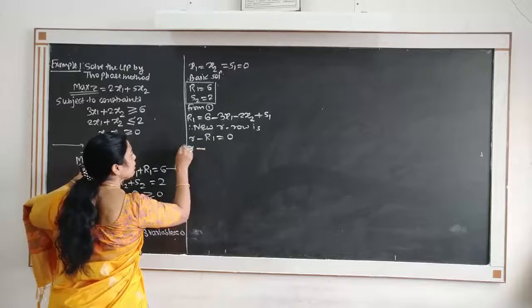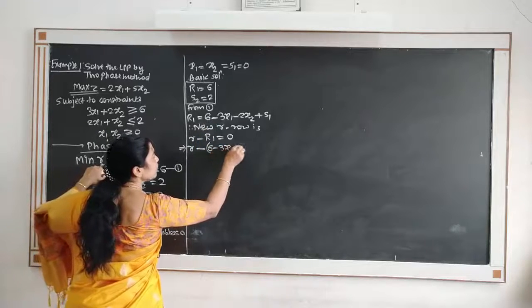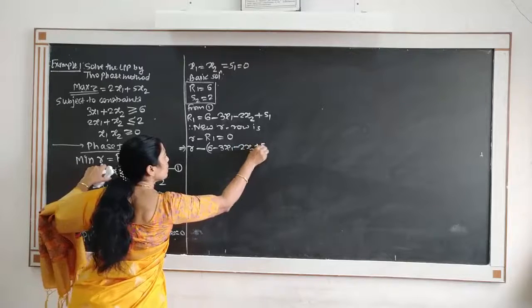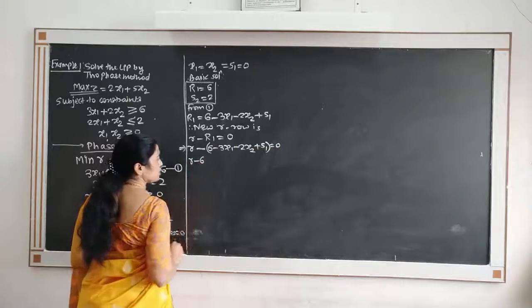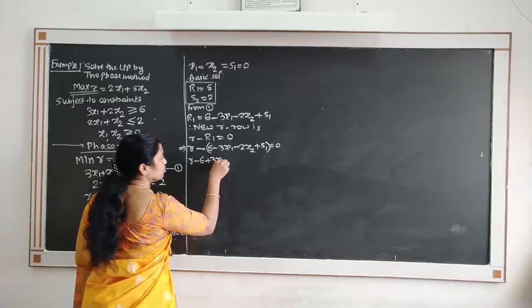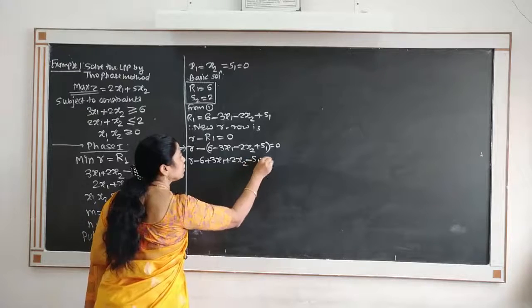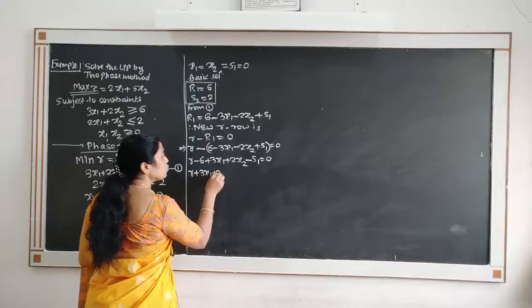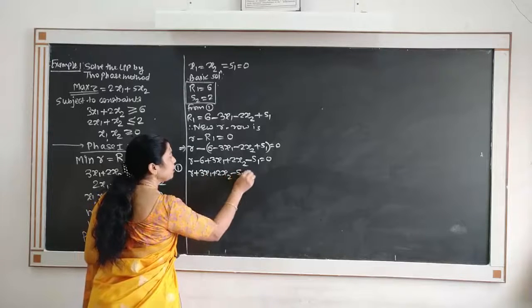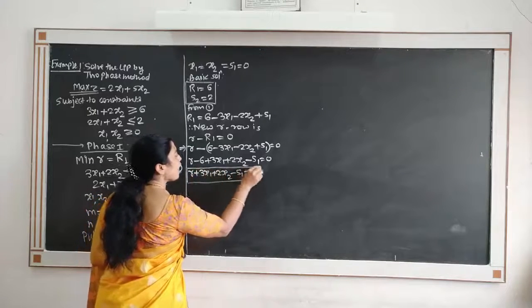That is R minus value of R1, which is 6 minus 3x1 minus 2x2 plus s1, equal to 0. So it is R minus 6 plus 3x1 plus 2x2 minus s1 equal to 0, or R plus 3x1 plus 2x2 minus s1 is equal to 6. So this is new R row.